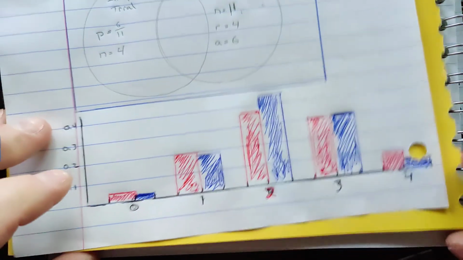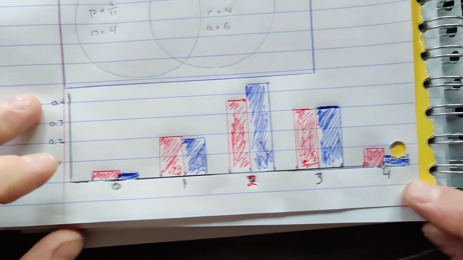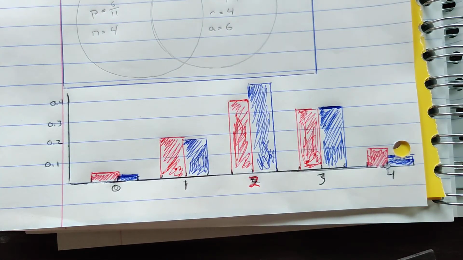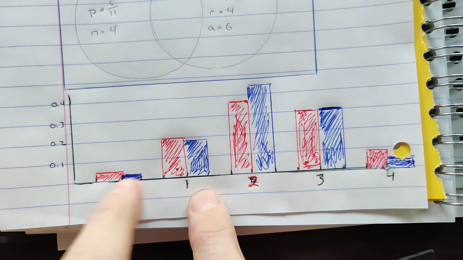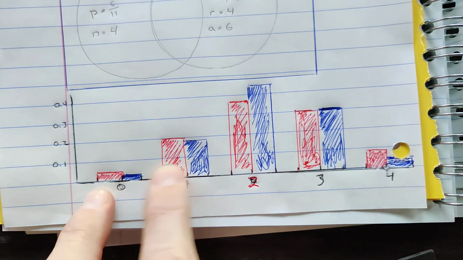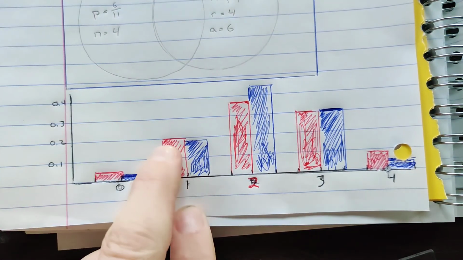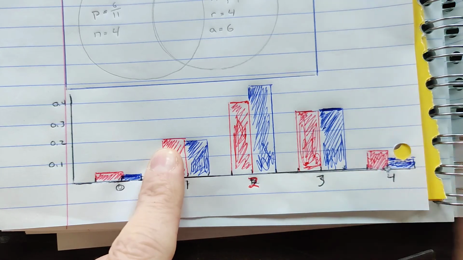But you see what happens in general is that with the binomial, where we are drawing with replacement, we have a slightly higher chance of getting 0, 1, and 4.